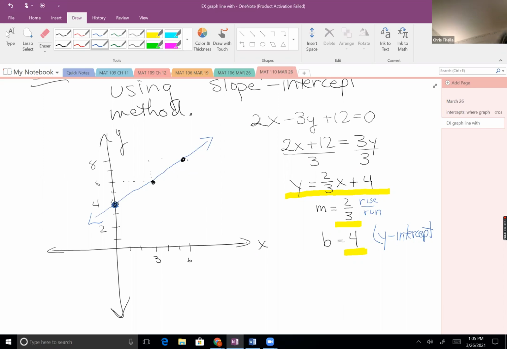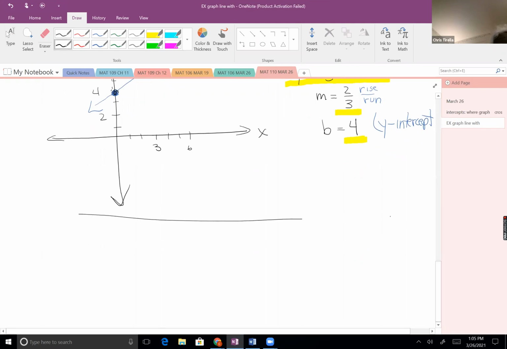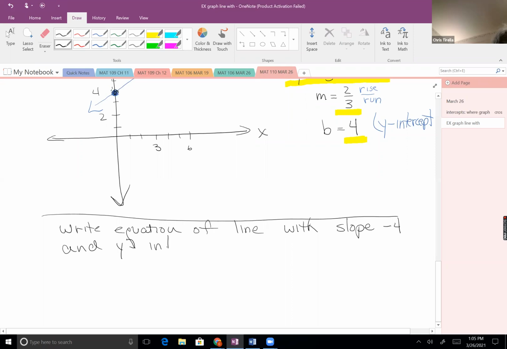If not, another type of problem that you might find is something that asks you to write the equation of a line with a given slope, let's say slope -4 and y-intercept, let's say 10.